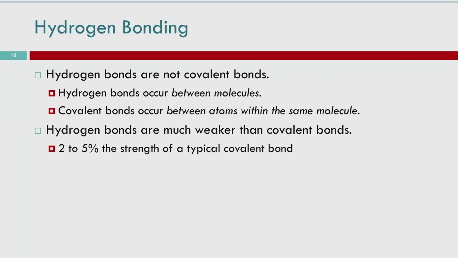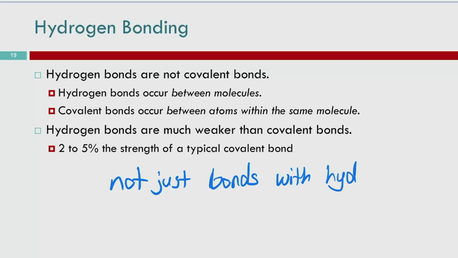Hydrogen bonds are not just bonds with hydrogen. Tons of things have bonds with hydrogen because hydrogen's in them. This is a particular case of hydrogen bonded to something else. Hydrogen bonding is an intermolecular force.